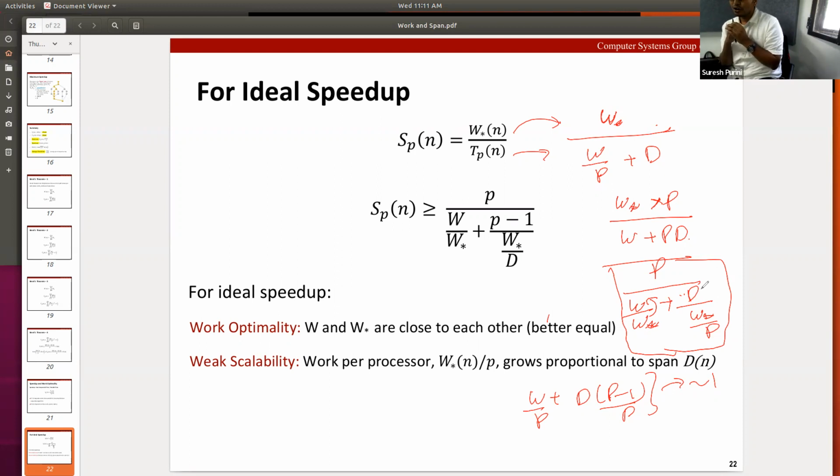So whatever you are investing in increasing the span, you need to see that the work per processor also grows in line with the span. I think the second one is a little bit less intuitive, but the first one you can very simply check: whether your parallel program is work optimal or not.